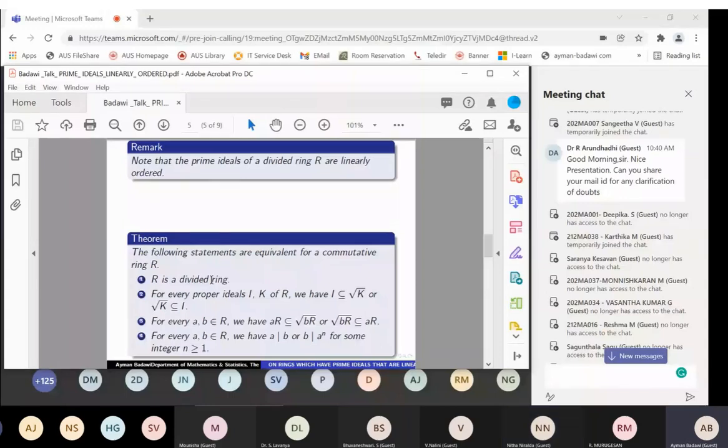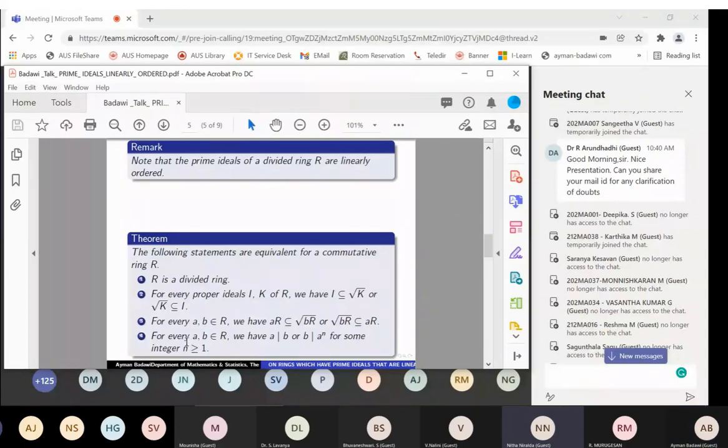And let me stop for a minute here and tell you something. Maybe you're going to ask the question: if you have a divided domain, like your ring is an integral domain and is divided, does it mean a valuation domain?